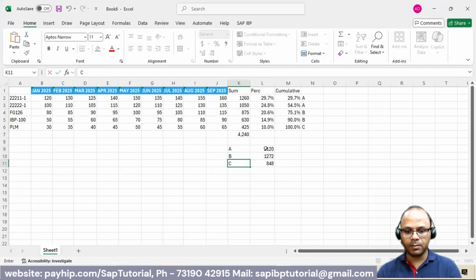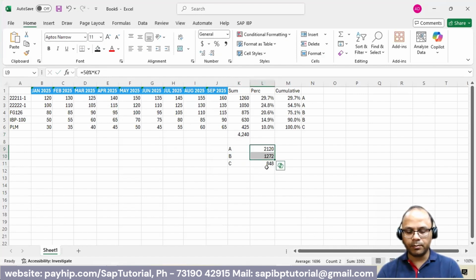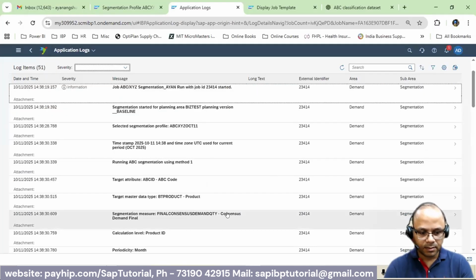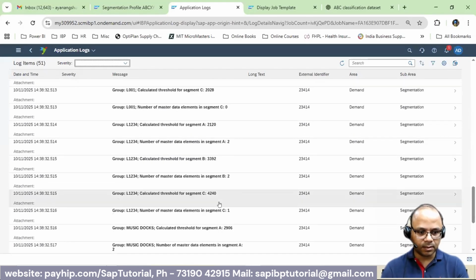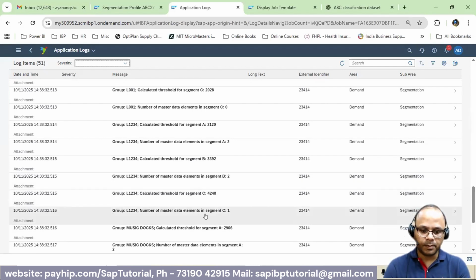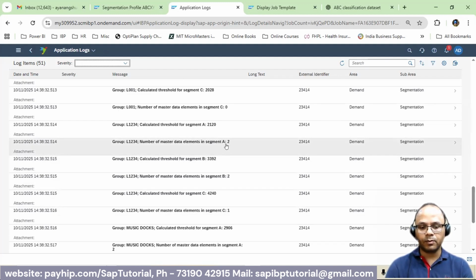So anything above 3392 and less than 4240 is classified as C. That's why it is saying in the logs that there is one element in the master data identified as C, two elements identified as B, and two elements identified as A segment. So that's how we can verify how it is generating the classification.